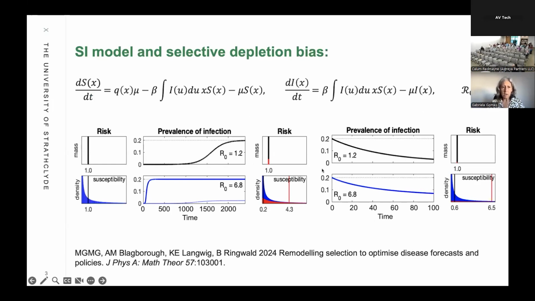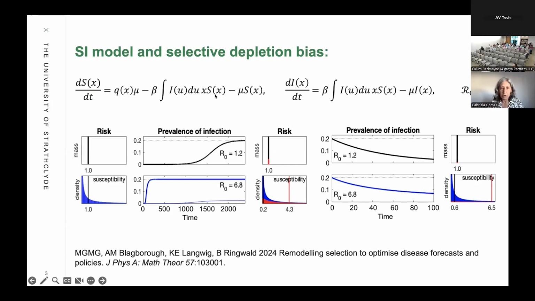So first we start with an SI model, and we introduce the idea of selective depletion bias. We have a population of susceptible individuals. X is the susceptibility factor. It can vary in a continuum, or it can be discrete, but the idea is that some individuals are more susceptible than others.